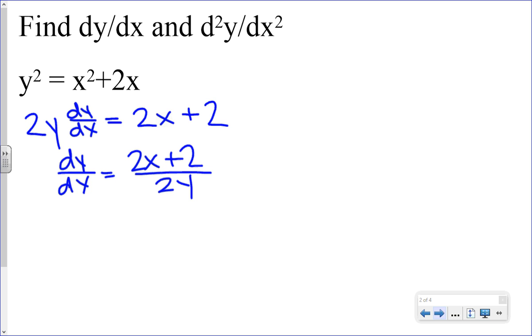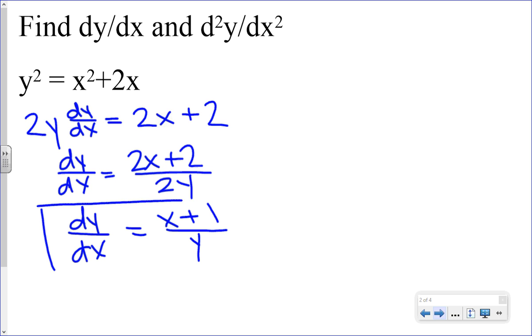If you want to make things simple, since we have to take the second derivative, we can reduce by factoring out a 2 of the numerator and denominator to cancel, and so we have (x plus 1) over y as our first derivative.